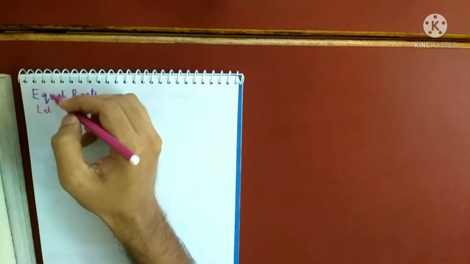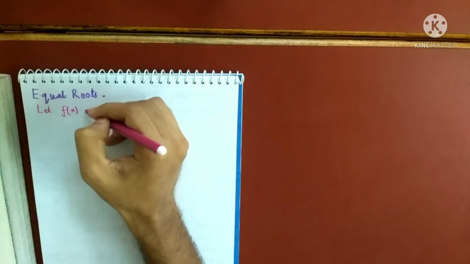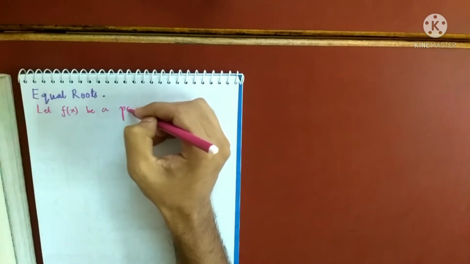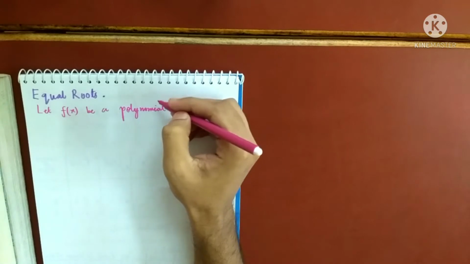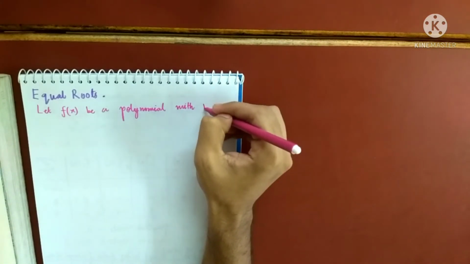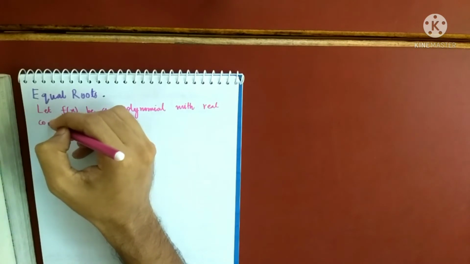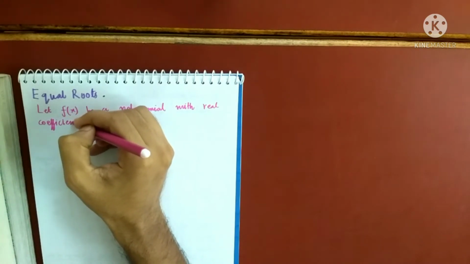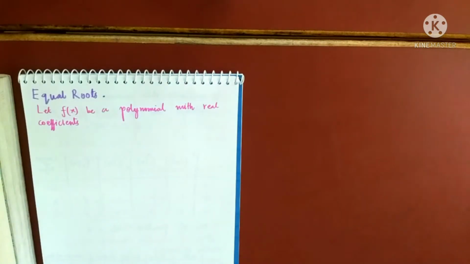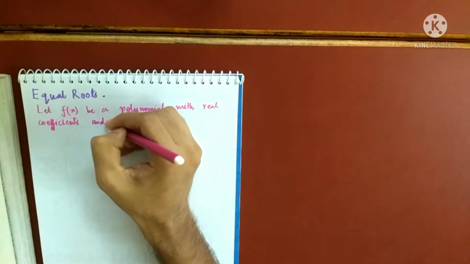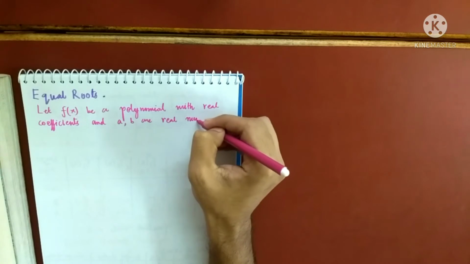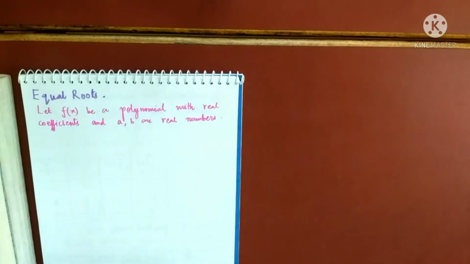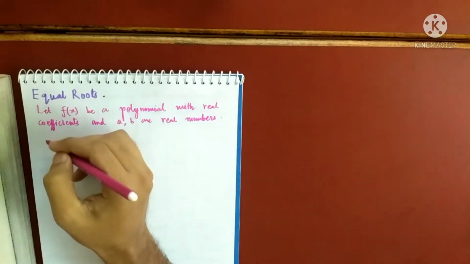So let f(x) be a polynomial with real coefficients, and a and b are real numbers, and a less than b.